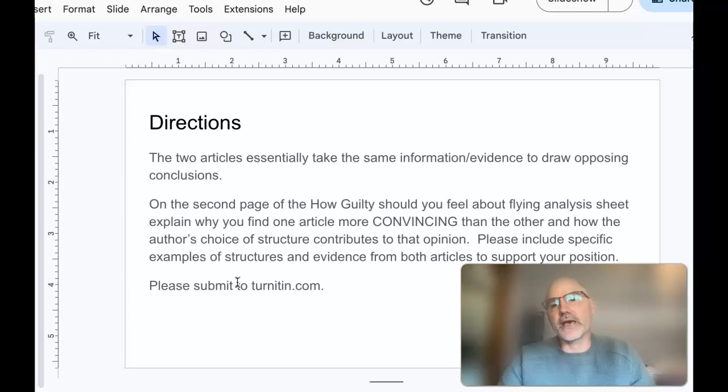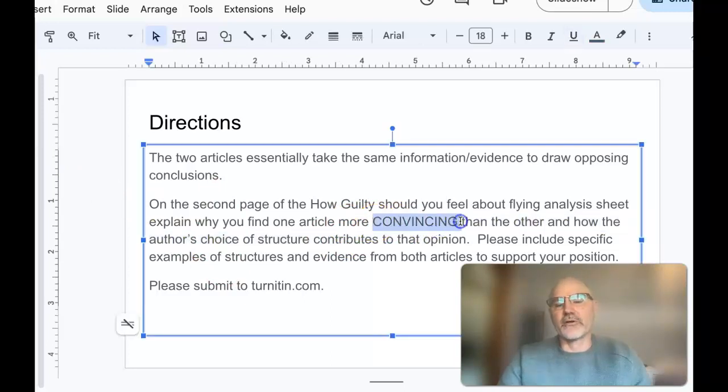When you start looking at that document about structure, you start thinking about whether it's convincing, engaging, and I can't remember what the other one was, but we're going to focus on convincing today. I want you to talk about how the structures and the way that things are explained make you find one article more convincing than the other.